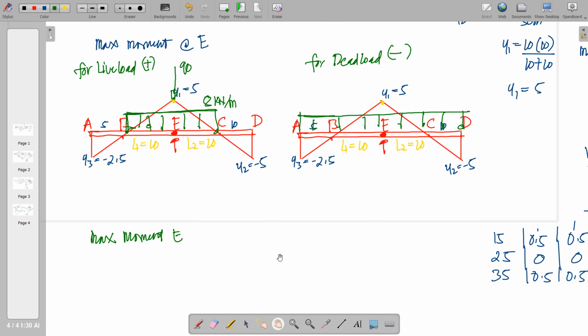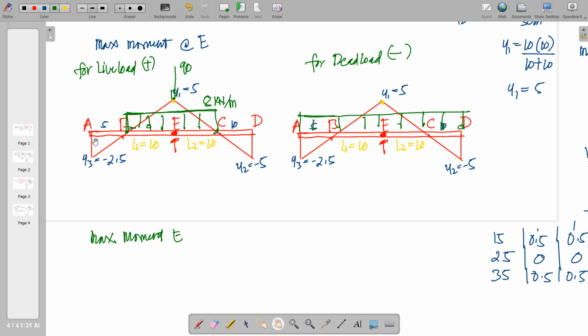Okay, so meaning your maximum moment will be positive, or positive output will prevail, because it is obvious here that in the positive area, there are larger areas for positive value.